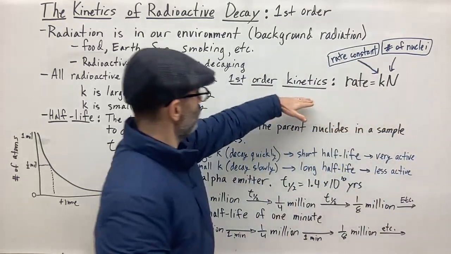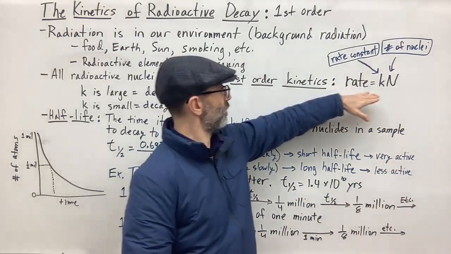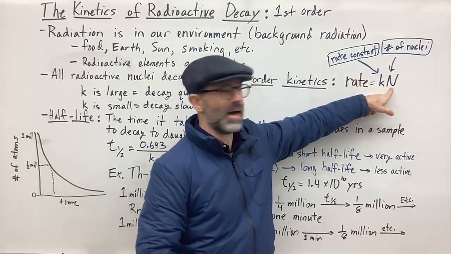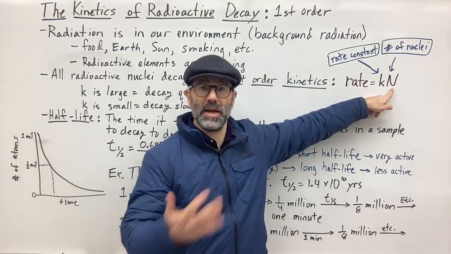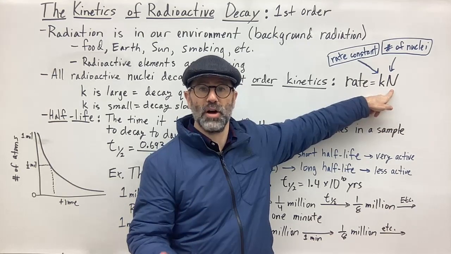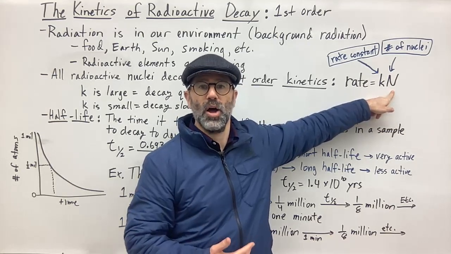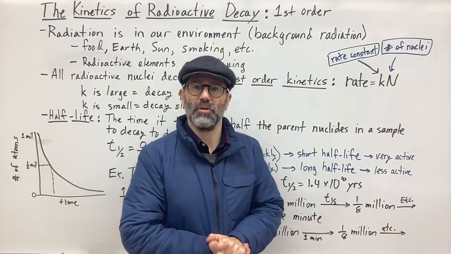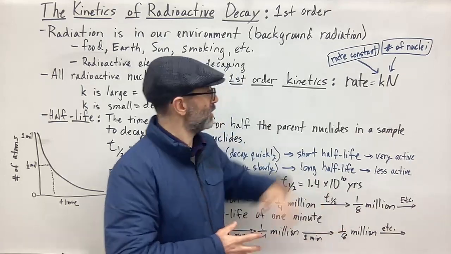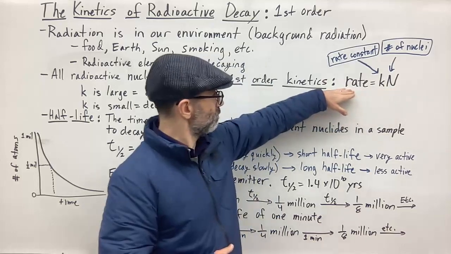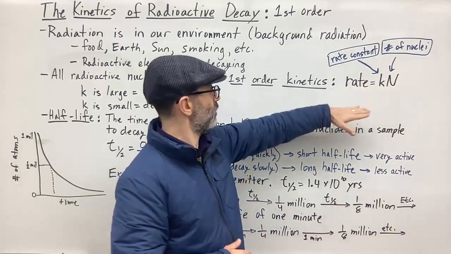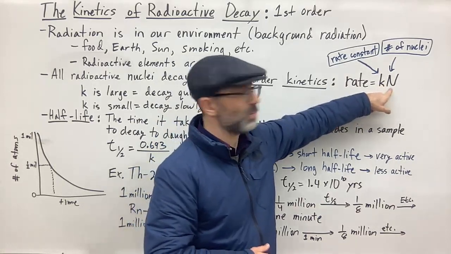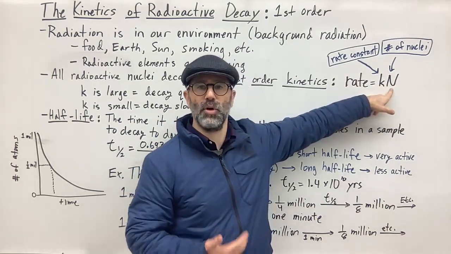The rate law looks like this. So the rate is equal to k, which is our rate constant, multiplied by the number of nuclei. You might remember from a previous video of mine where I went over reaction rates, your first order reaction rate had a very similar equation where the rate is equal to the rate constant multiplied by the concentration of your reactant.